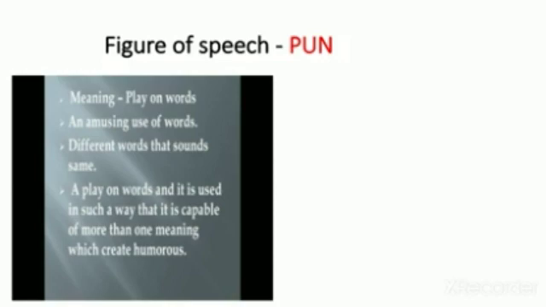In short, you can say pun is a play on words. Now let us see one example where I have used the homograph, the same word having the same sound, but the meaning differs and it creates humor in the sentence.